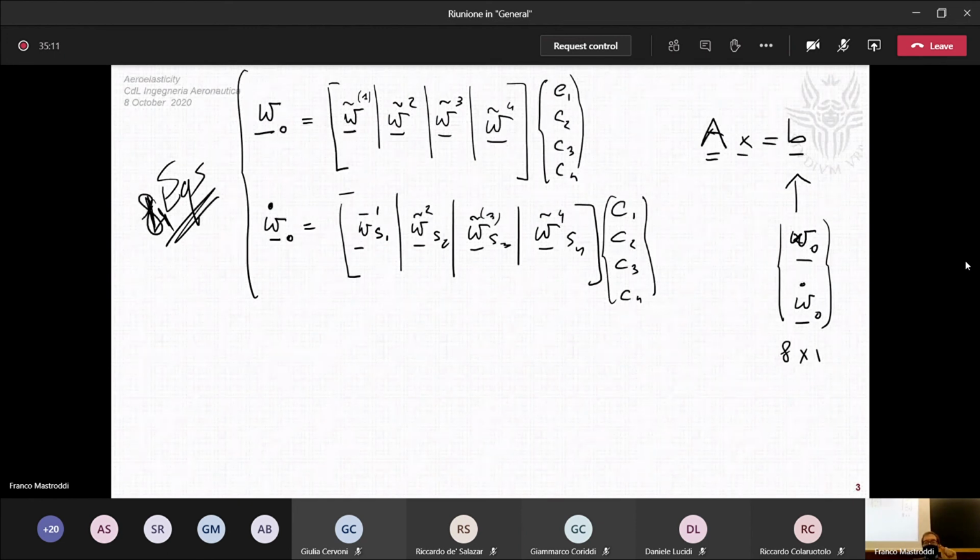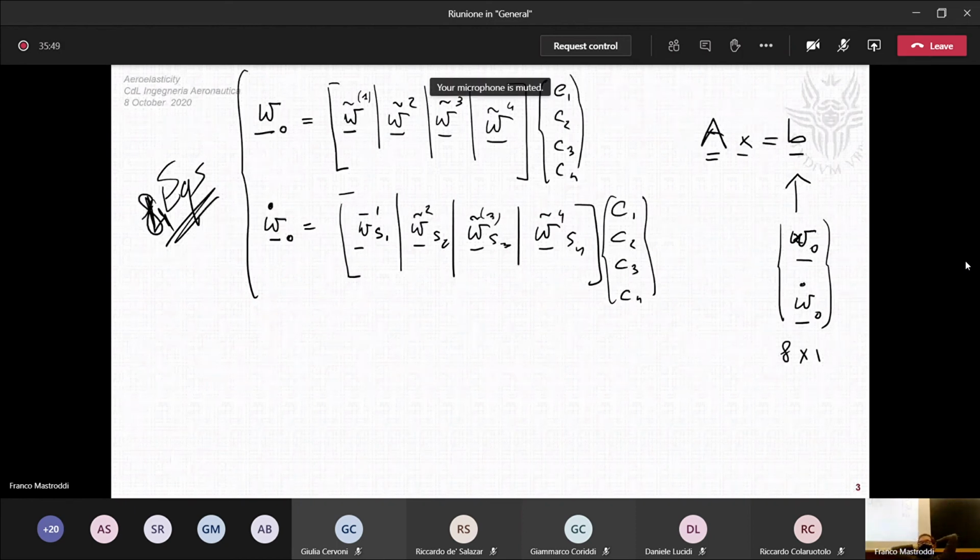We have 4 complex numbers to be evaluated by the knowledge of our 4 initial conditions. But the 4 initial conditions are real numbers. The C1, C2, C3, C4 are complex numbers. You can imagine so 4 complex numbers are determined by 8 real parameters. Because we have a real part and imaginary part for 1, a real part, imaginary part for 2, and 3 and 4, okay?